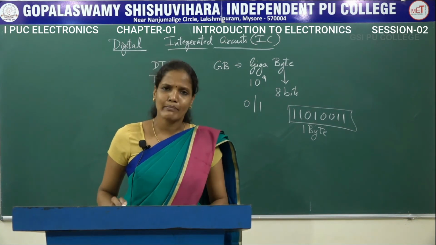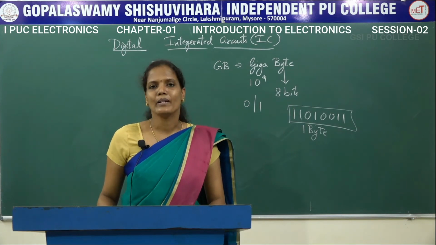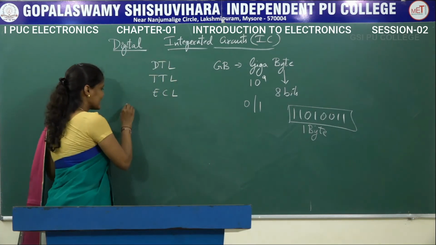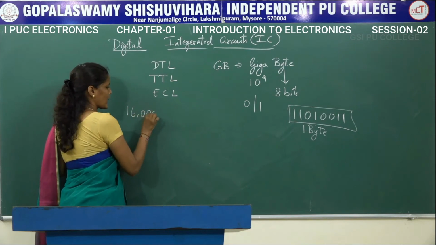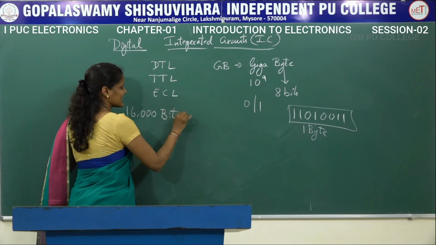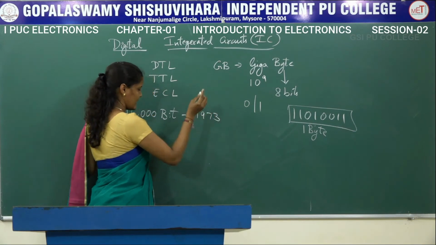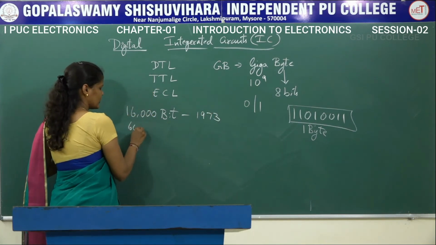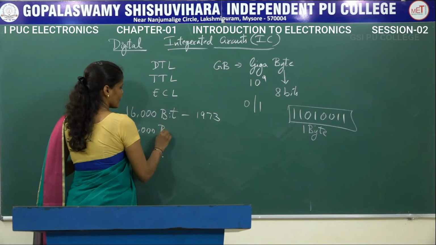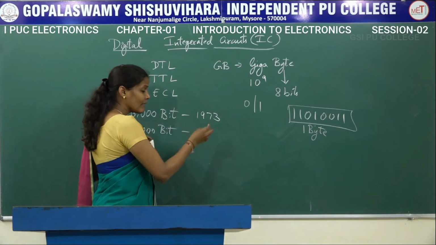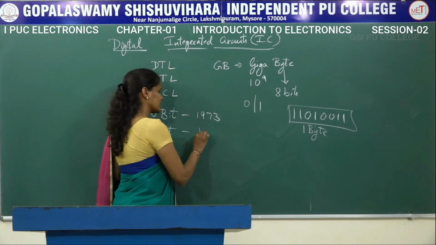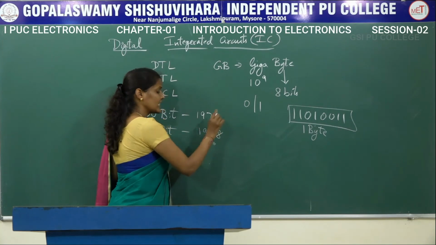Accordingly, using this MOS technology, RAM having a capacity of 16,000 bits was first constructed in the year 1973, and 64,000 bits of memory spaces were available, constructed in the year 1978.